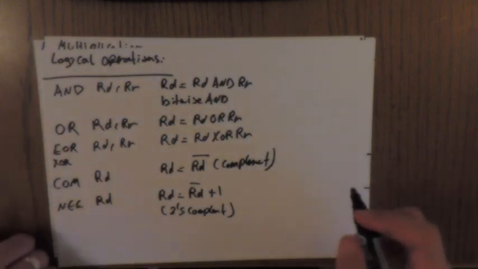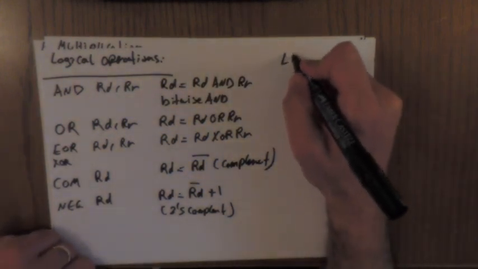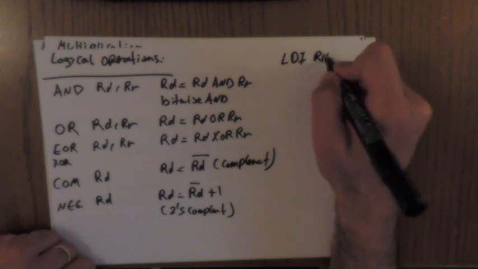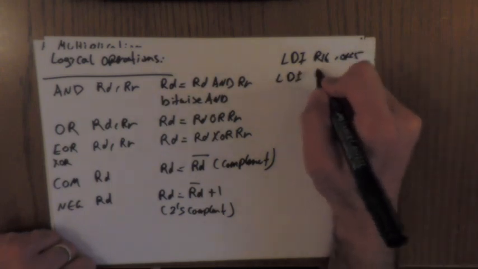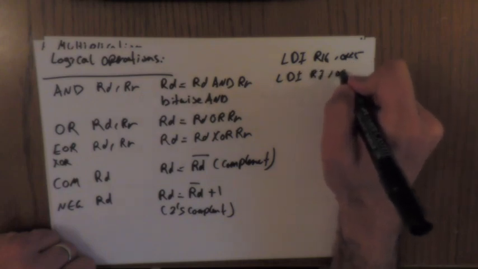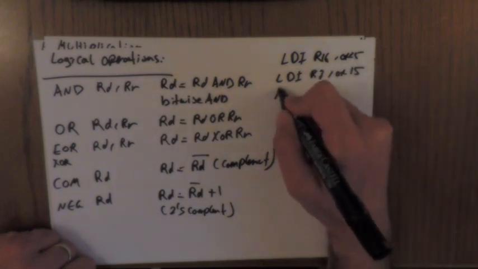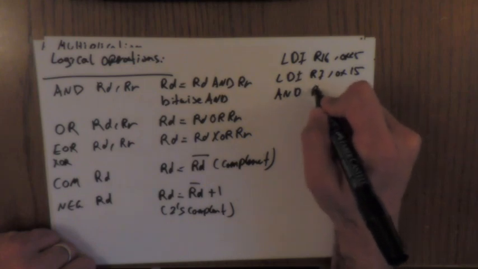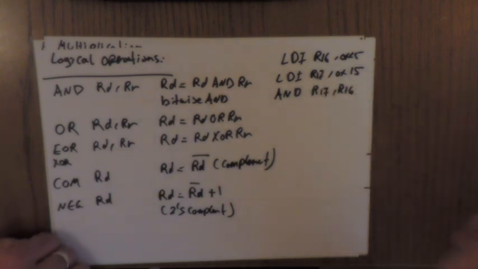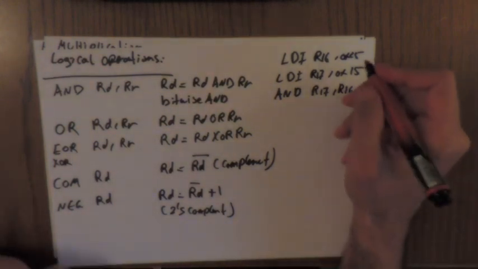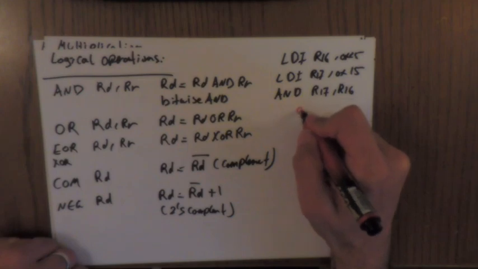So let's say I want to do an LDI and AND example. AND R17, R16. Now if I want to solve this problem, of course we change to binary.